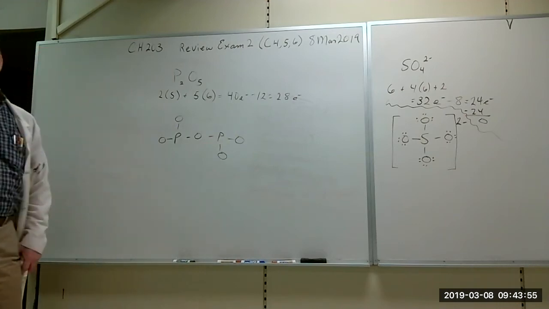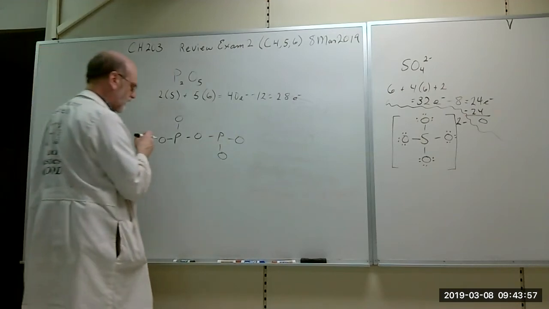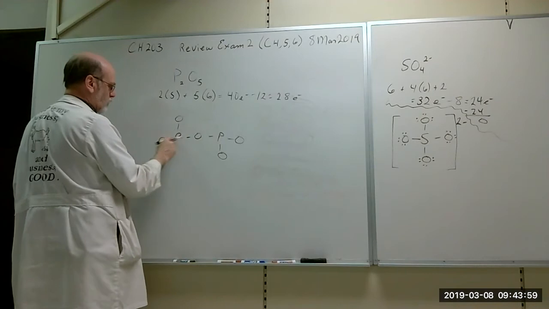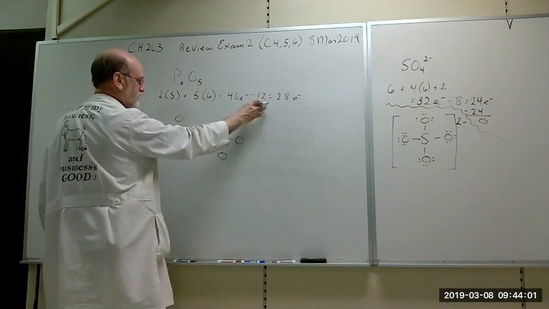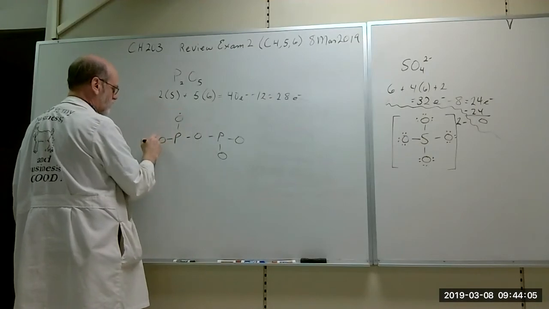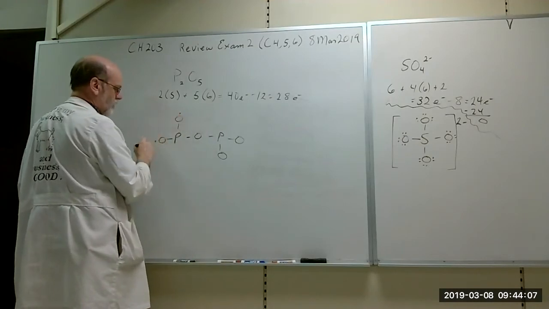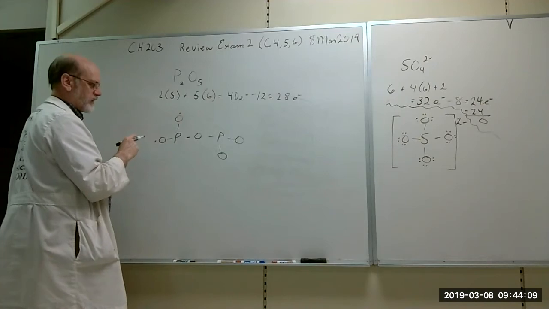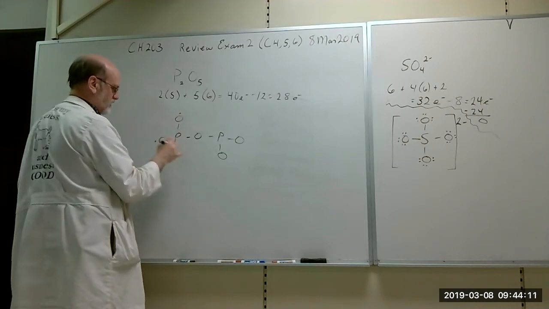Oxygen's in the middle. Okay. 2, 4, 6, 8, 10, 12. Still got 12 here. So now we can start placing the electrons, and it should work out. The clue there was that I couldn't get an octet with that other arrangement.